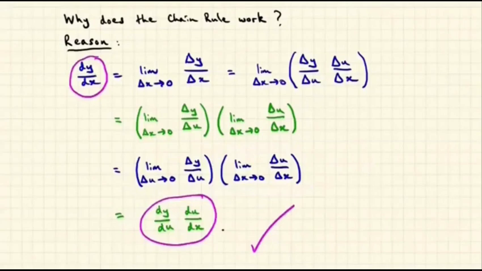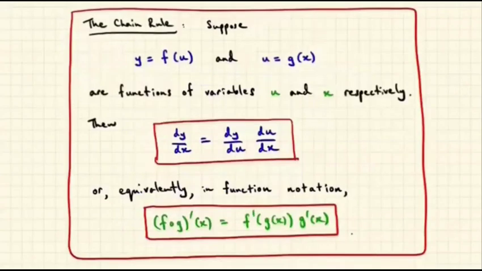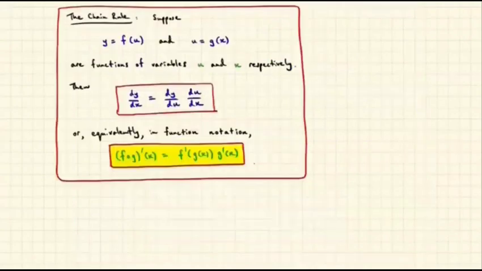Here's the statement of the chain rule again with both versions. Let's focus now on the version using the function notation with the dash. The explicit connection is that y is a function of u with rule f of u, and u is a function of x with rule g of x.